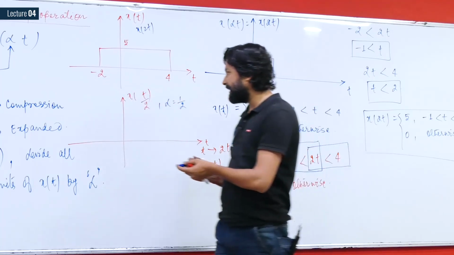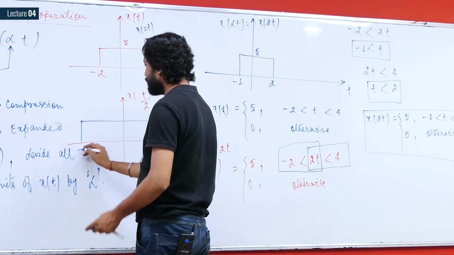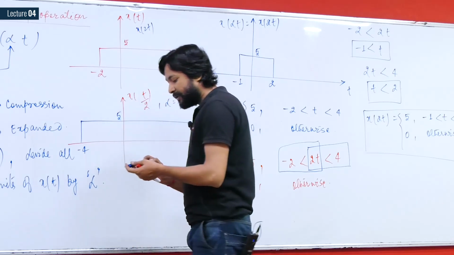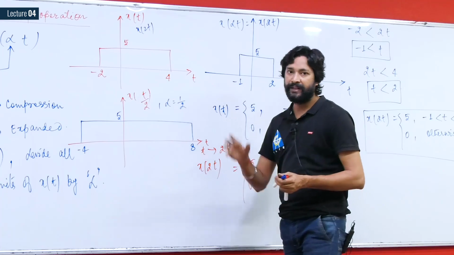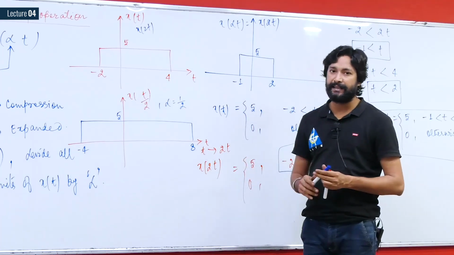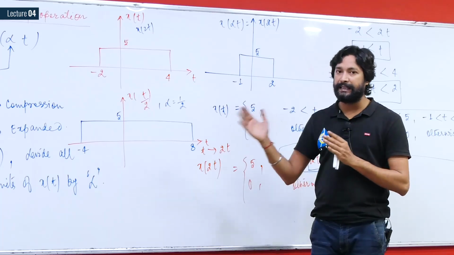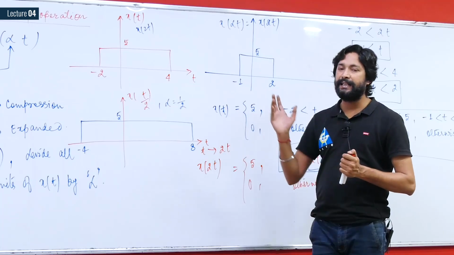So now the signal will exist from t equals minus 4 to 8 seconds, having the same value 5. So this is the time scaling operation on a continuous time signal. Whenever you have to time scale any continuous time signal, you just have to take the existing limits, that is the leftmost limit and rightmost limit of the signal, and divide those existing limits by the scaling factor.